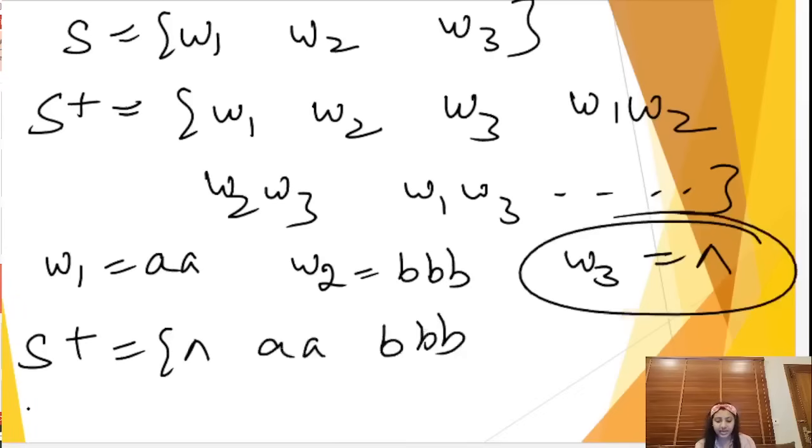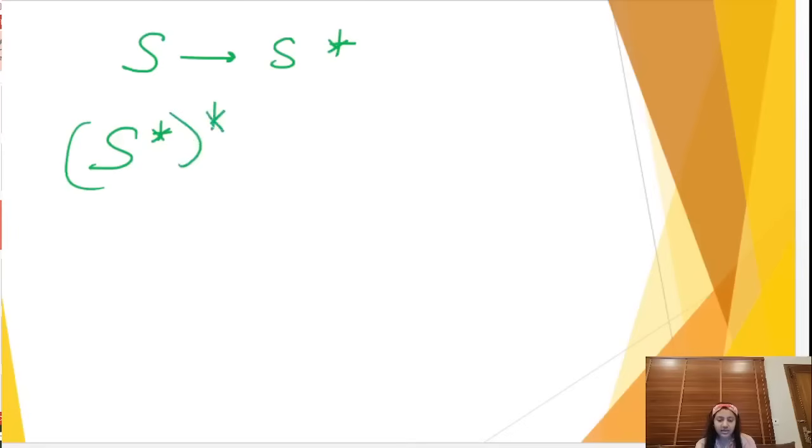So in this case, again S plus and S star will be equal because lambda is part of my alphabet only. From this, we come to another conclusion which says that from S we can derive the S star. No matter how many times we take the star of this, the result that we'll get will be exactly similar, right?